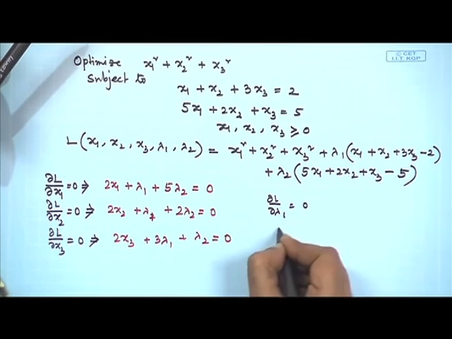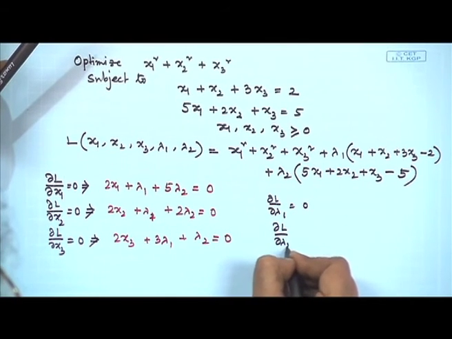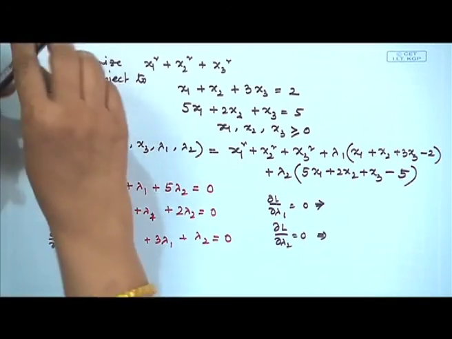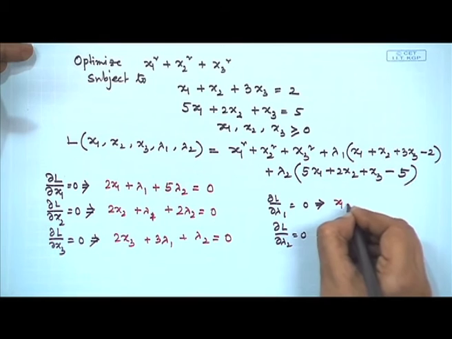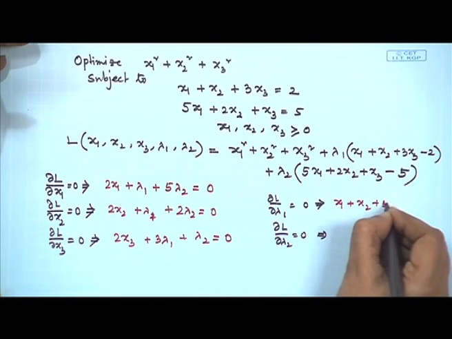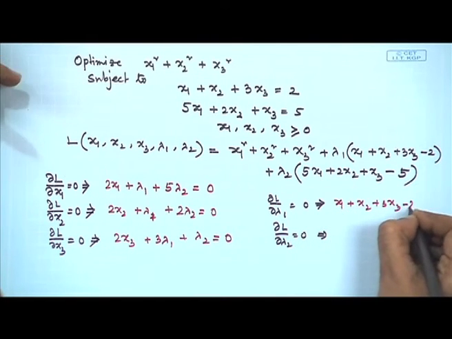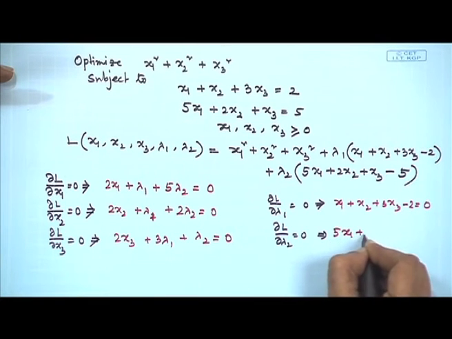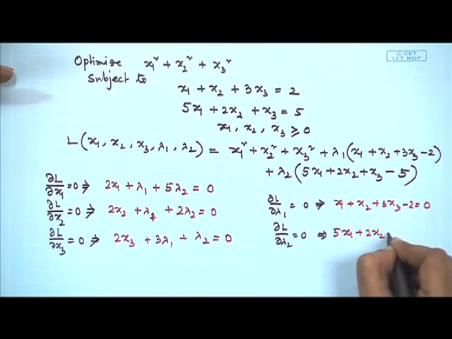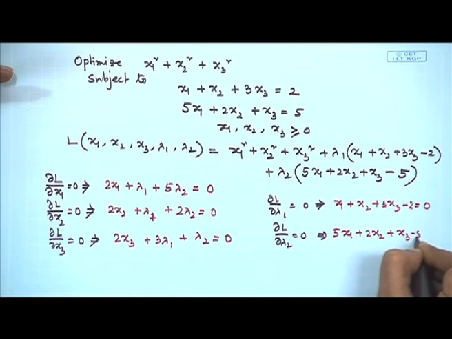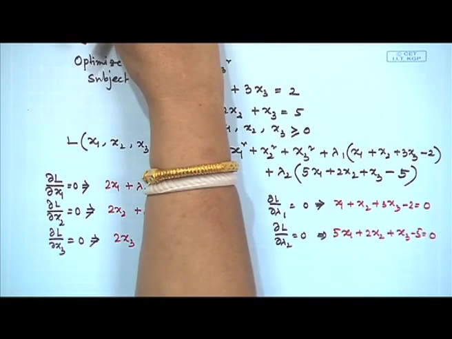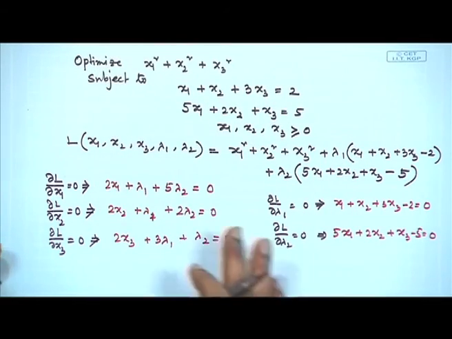And we have another two by considering del L by del lambda 1 equal to 0 and del L by del lambda 2 equal to 0, which give back the constraints, x1 plus x2 plus 3x3 minus 2 equal to 0 and 5x1 plus 2x2 plus x3 minus 5 equal to 0. We have 5 equations and 5 unknowns for this problem.